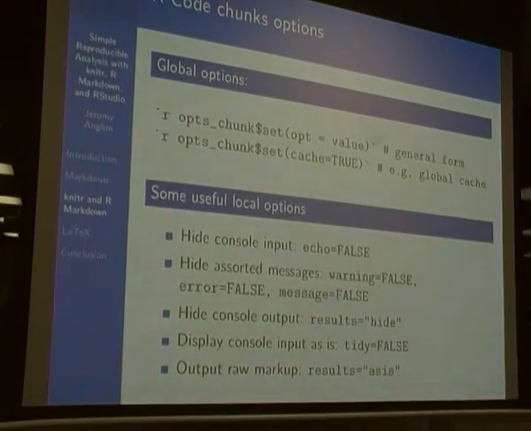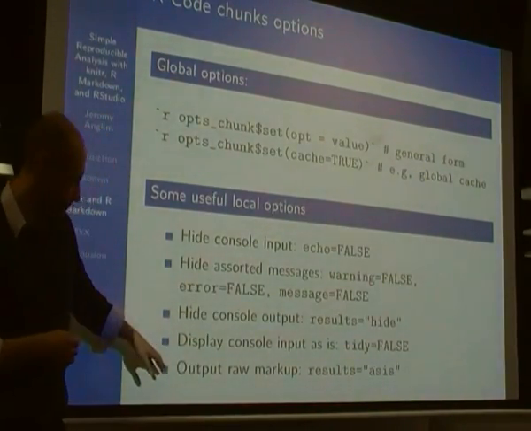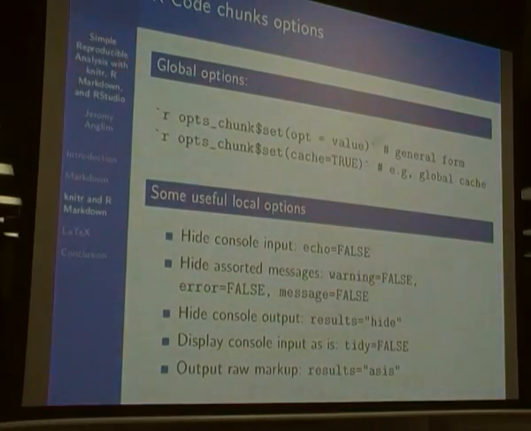If you are displaying console input, UE designed a feature where it tidies up your R code to make it arranged nicely with proper spacing and all sorts of things, but sometimes I put effort into making my code look pretty anyway, the way that human perceptions of tidy is generally better than any algorithm. So if you want to disable that or it's doing weird things, you can. And as I say, the as-is option for the results is quite useful if you want to output HTML tables or do a number of other sort of outputting of raw Markdown.